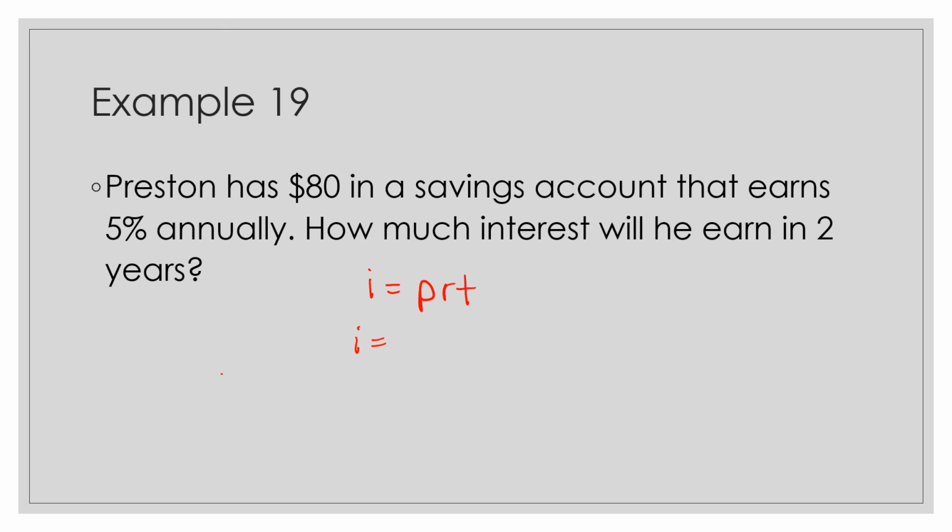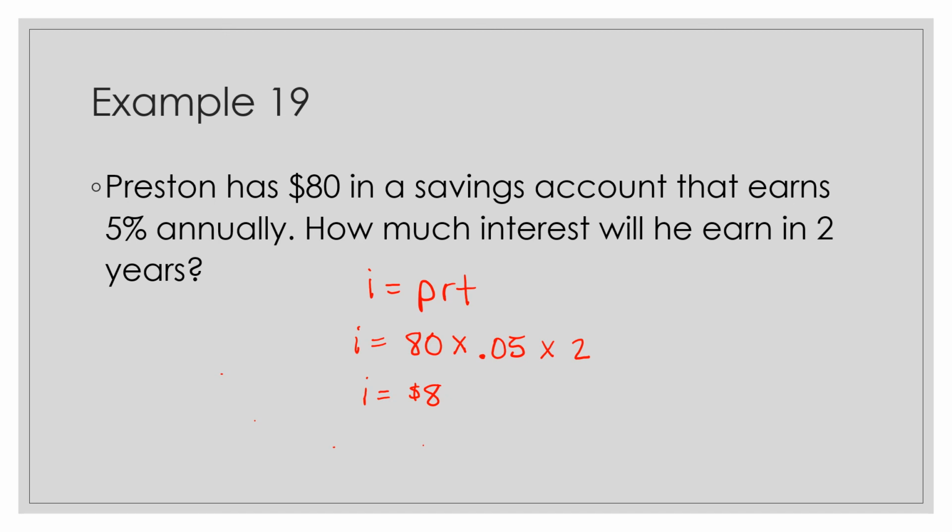The principal amount that he has put into the account is 80, multiplied by the rate, which is the percentage, and we write that 5% as a decimal, which is 0.05, multiplied by the time in years, which is 2. And 80 times 0.05 times 2 gives us $8.